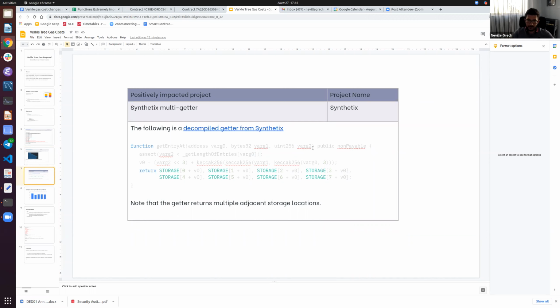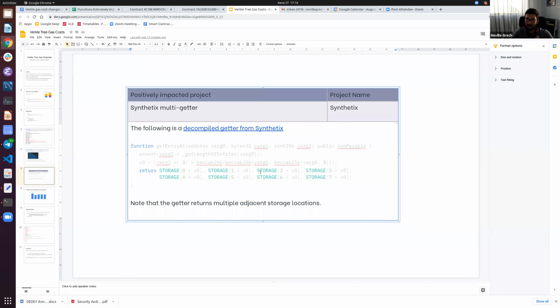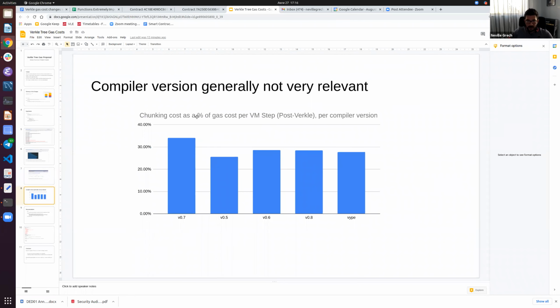Since those are obviously going to be stored adjacent to each other, the cold gas cost is amortized, and so it's much cheaper to execute this getter than it was in the post-Berlin semantics. We also checked to see whether there's some particular compiler version which is causing these issues more than others, and really we couldn't come to a conclusion.